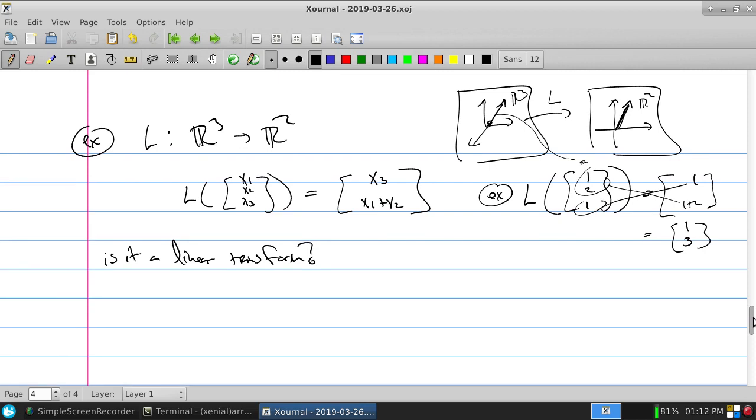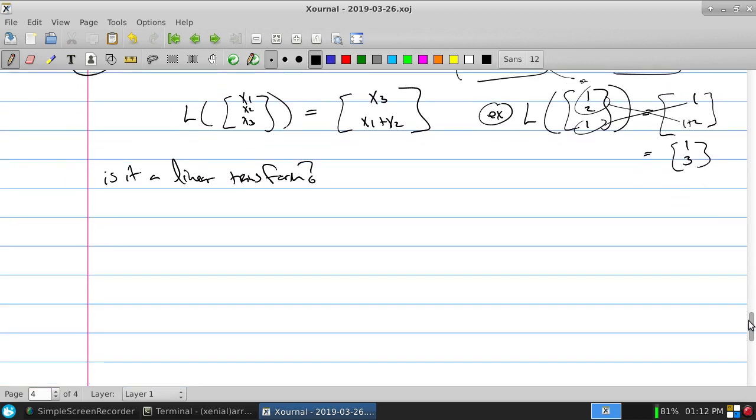Well, to check if something is a linear transform, there's two ways that you check this, right? You could either check both the stretching and addition in one step, or you could do it in two steps. Which one do you want to do? You want to do a two-step check or a one-step check? One-step check? Okay.